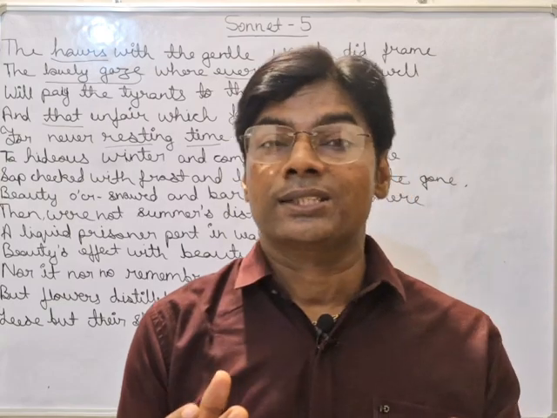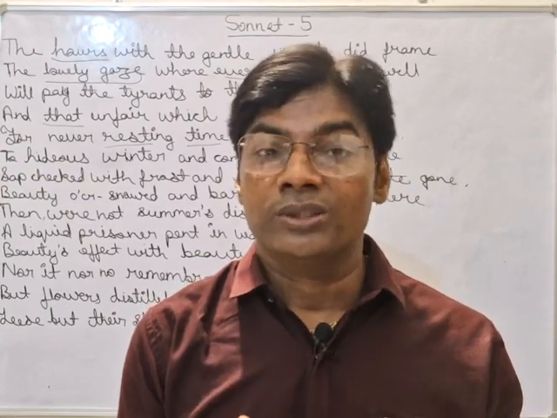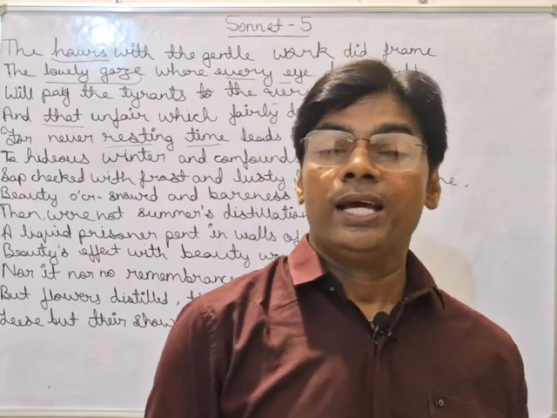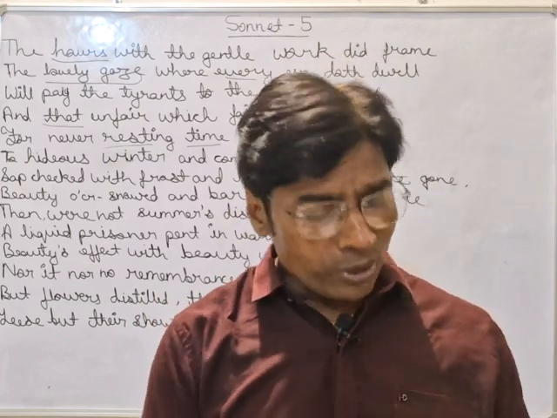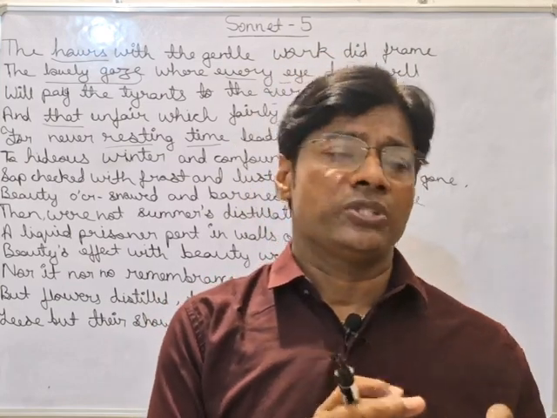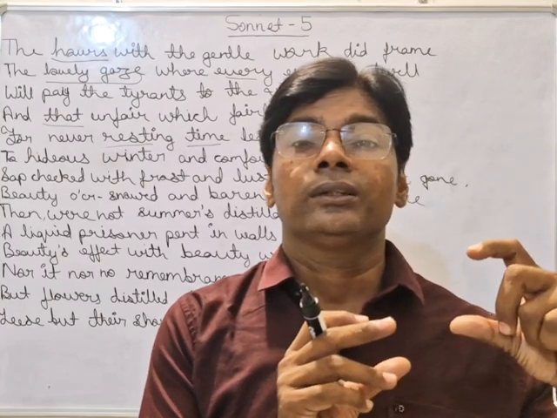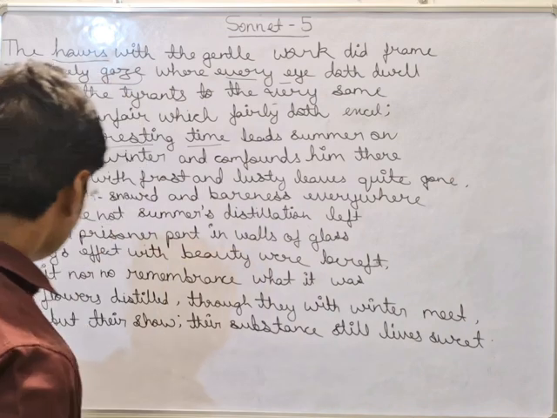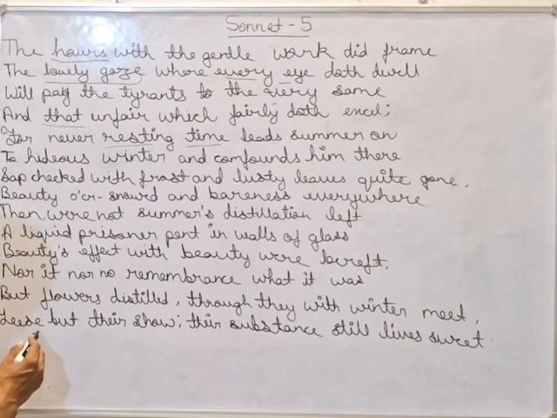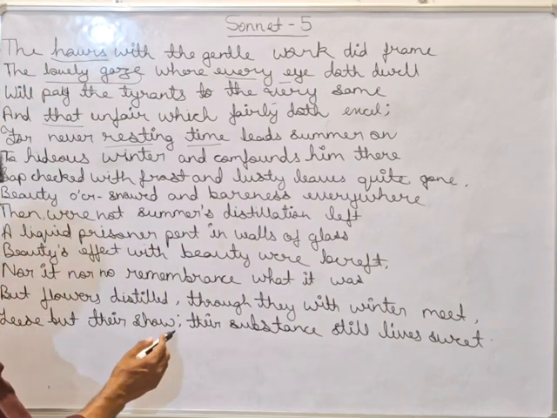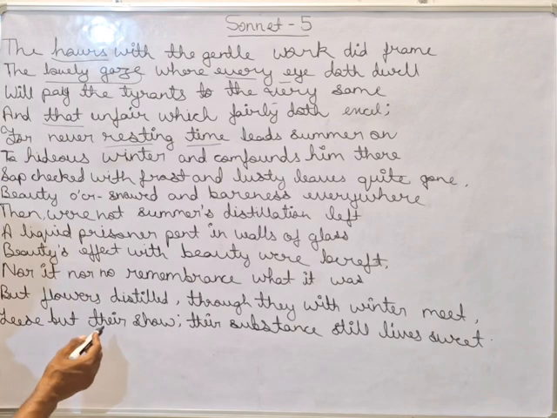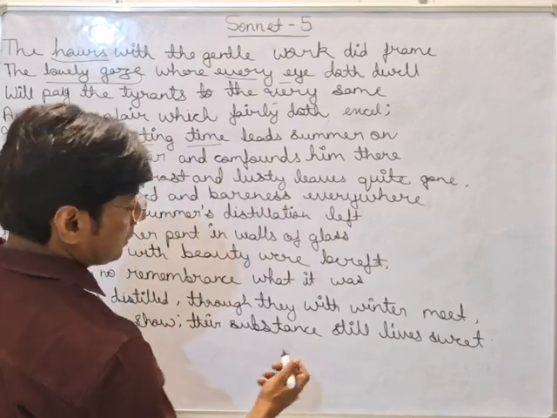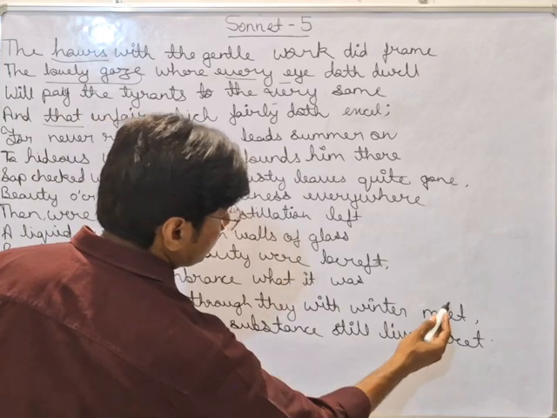Because the essence is already preserved through the distillation process and properly capped in the walls of glass. Leese means lose, but their show, their body. Their substance means the essence, still lives sweet.